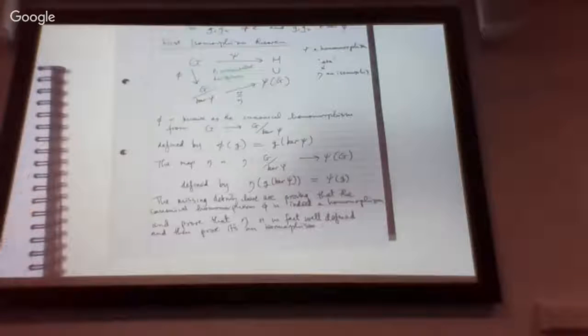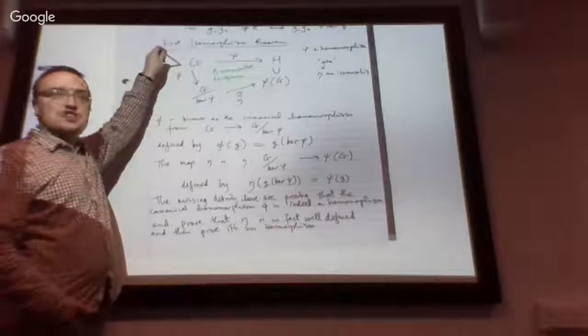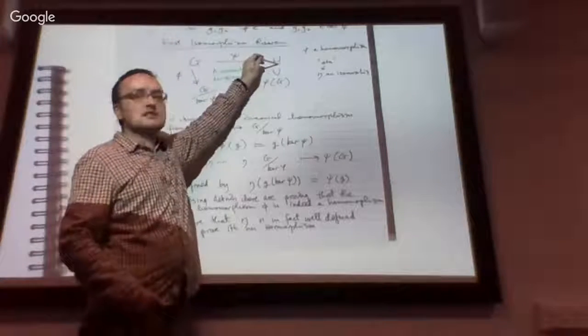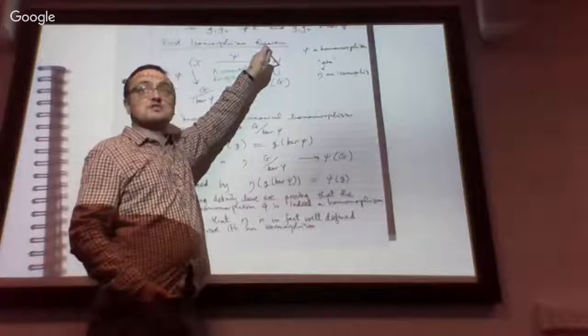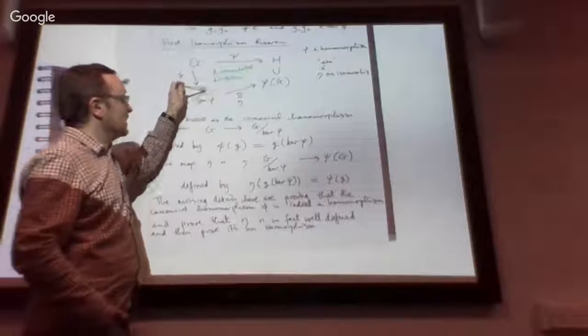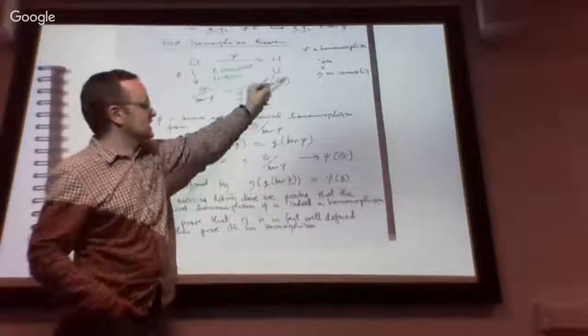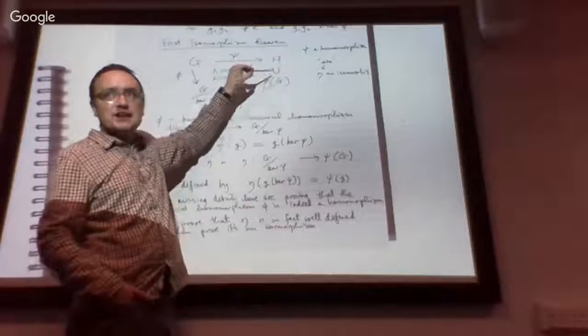When we draw diagrams of algebraic objects and maps between them, we like them to be commutative. Commutative here means that if you start at the top left in G and zip along under psi to H, there's an alternative route to get to H starting with G. You can also come down here and then go across here. This lands you in this object, but this object is a subset of H, so this lands you in H as well.